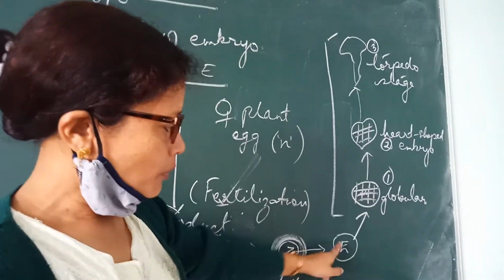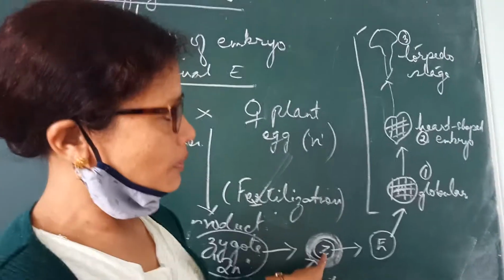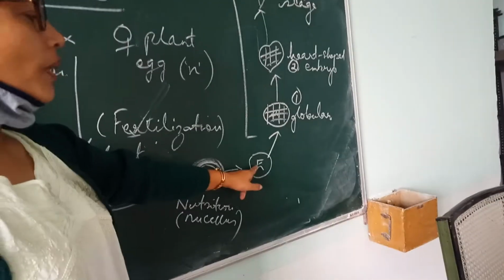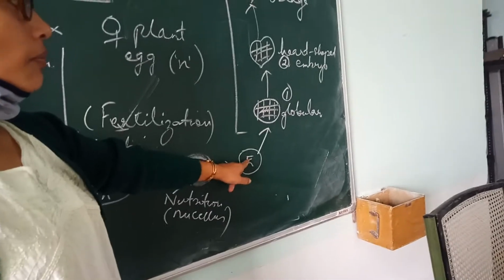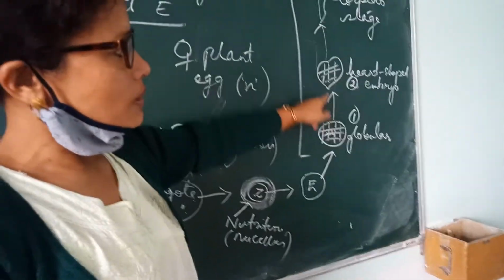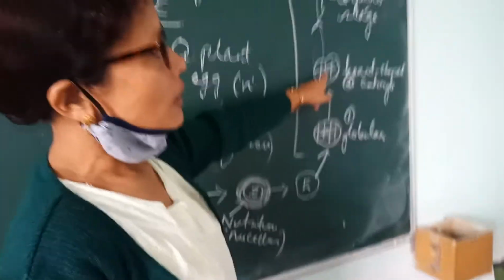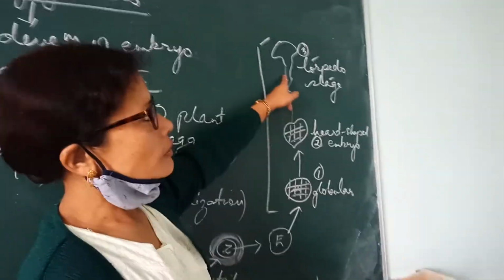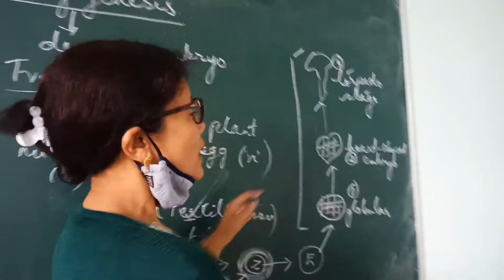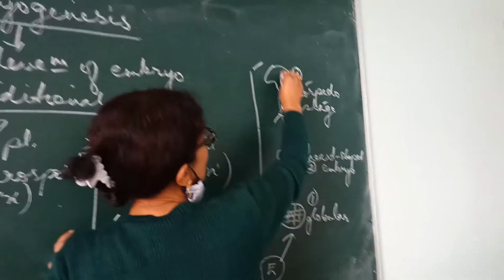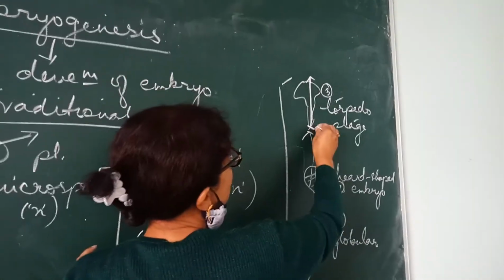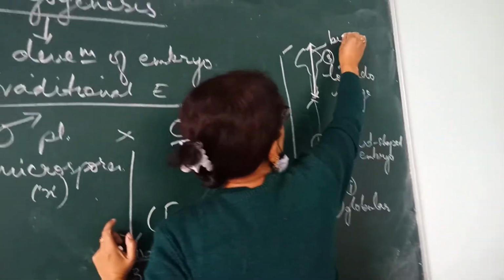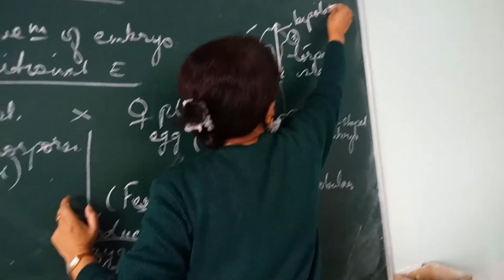Embryo arises from the zygote, and before it becomes a fully fledged plant, before it will give rise to the seed, it will go through these 3 stages: globular stage, the heart-shaped stage, and the torpedo stage. At this stage, you can see that this is actually a bipolar structure.